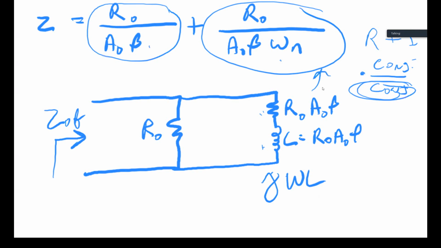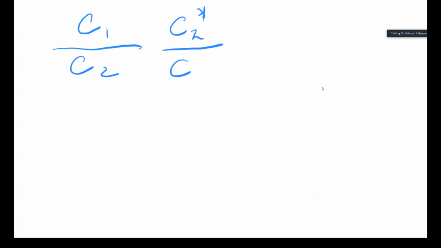So let's say you have an expression, complex expression 1 over complex expression 2, okay? If you multiply by complex expression 2 conjugate divided by complex expression 2 conjugate, you don't change the expression, okay? We agree on that, okay?